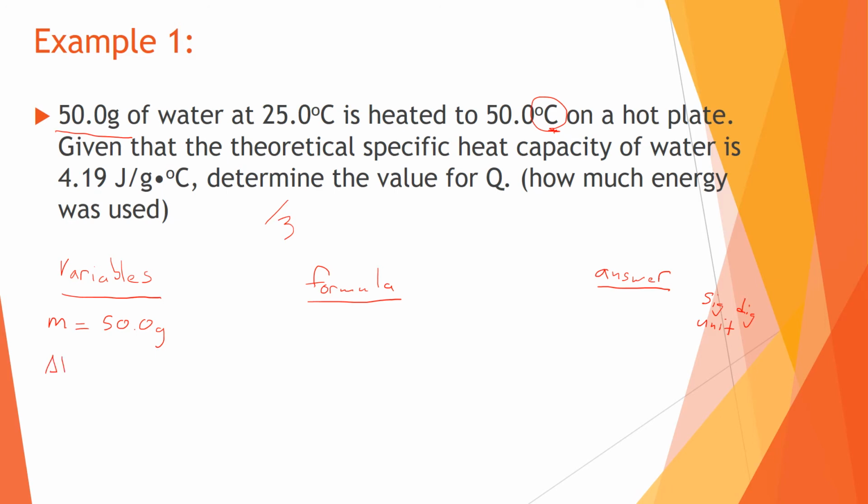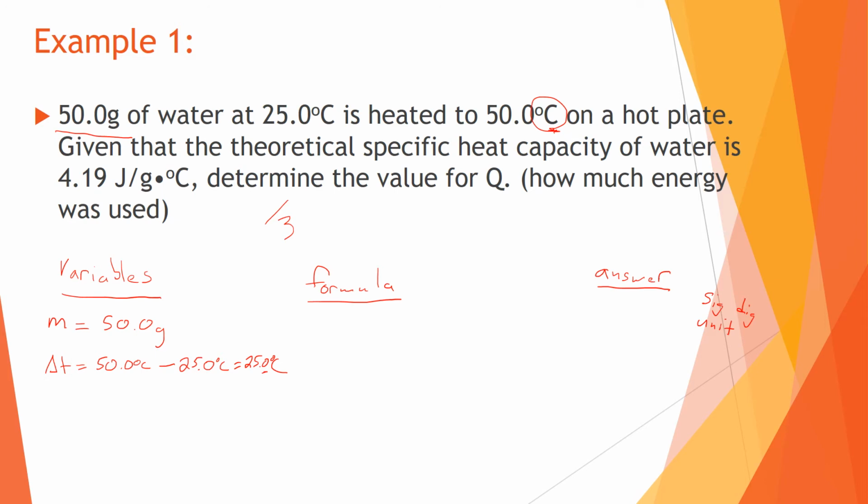So my change in temperature, remember, is my final temperature, which is 50.0 degrees Celsius, minus my initial temperature, my beginning temperature, which was 25 degrees Celsius. So my change in temperature was 25.0 degrees Celsius. Now remember, make sure you have that zero there. That's going to come into play later.